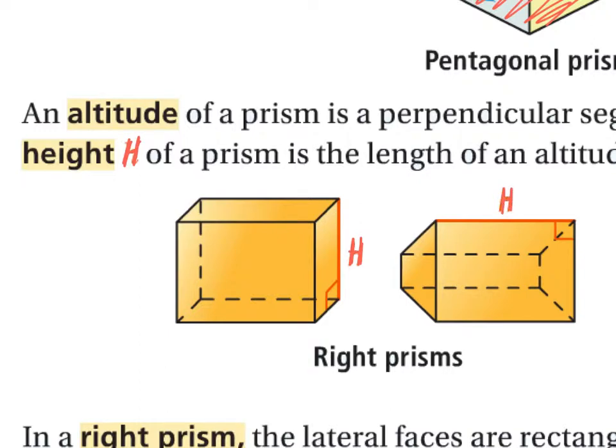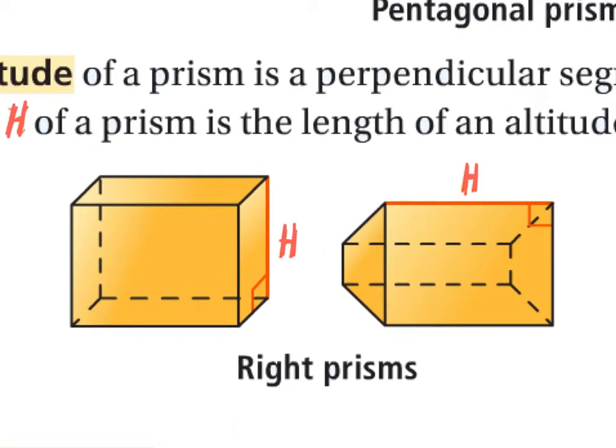And just like height of two-dimensional shapes, the height of a solid still needs to be perpendicular to the base. But this time, the base is not just a line segment. This time, that height has to be perpendicular to the entire base of the prism. It's that entire plane for that base.